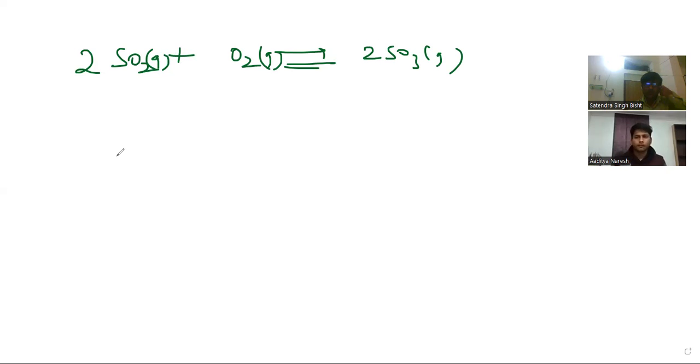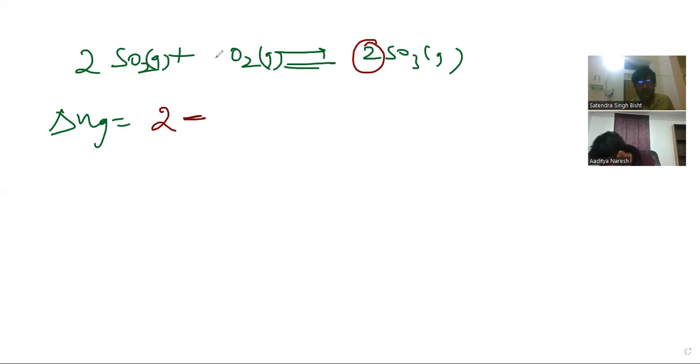Del Ng equals the number of moles of product, 2, minus the number of moles of reactant, 2 plus 1, which is 3.